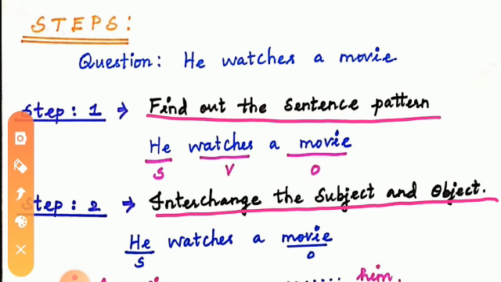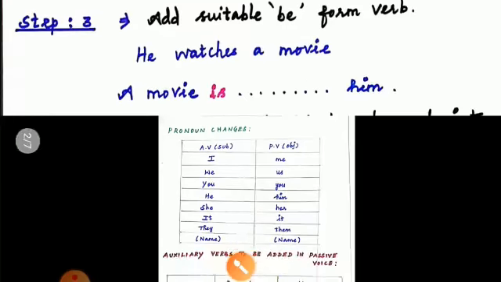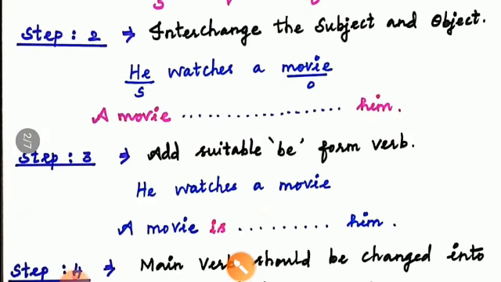Subject changes into object and object changes into subject. In the third step, we have to add a suitable be form verb according to the tense of the verb given in the active sentence. And the fourth important step is that the main verb should be changed into the past participle form. We have to change the main verb into V3.